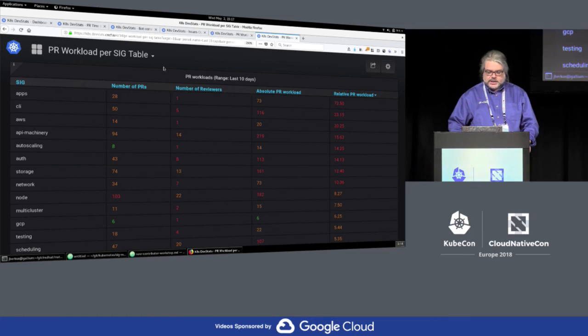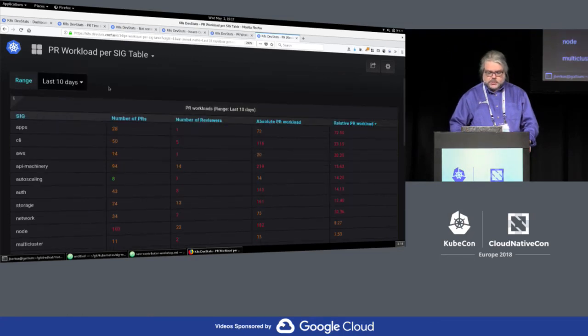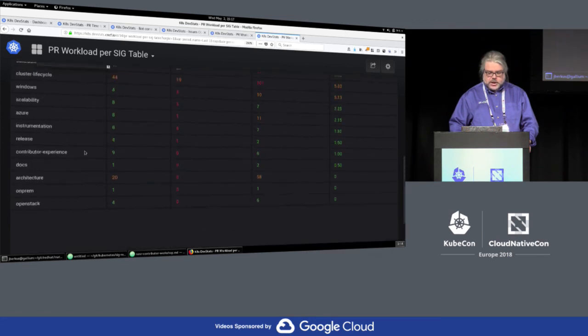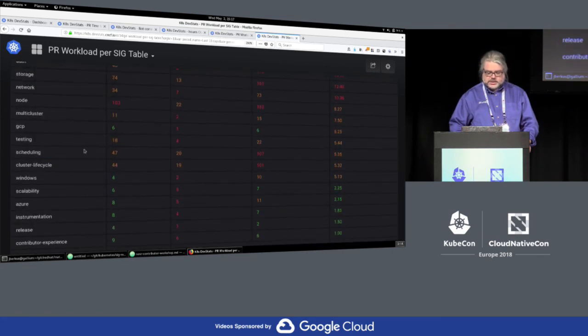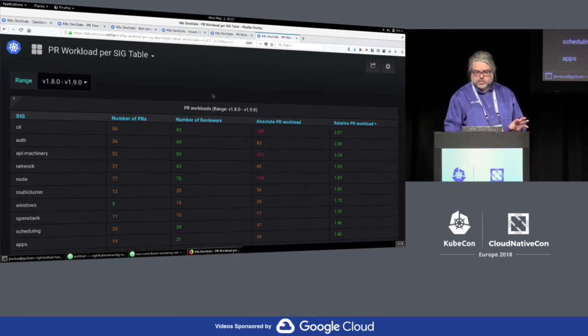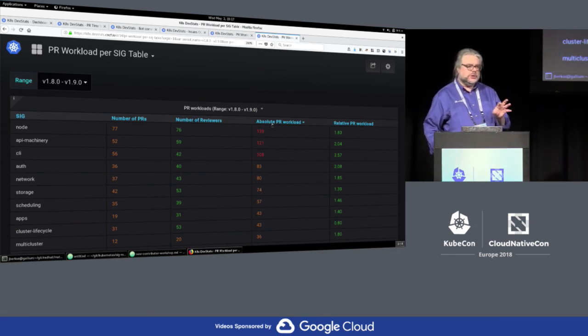It's a different one, so I'll answer for me. What we did in response to that information was, for example, on 1.9, we looked at the development time period, because I had realized that SIG-node was probably heavily loaded, but it had not occurred to me that SIG API machinery was heavily loaded, let alone SIG CLI.